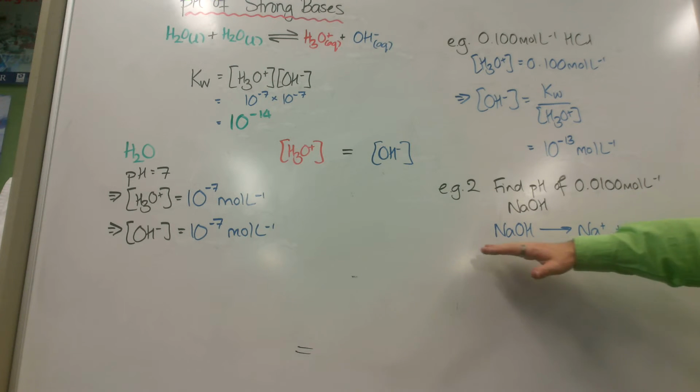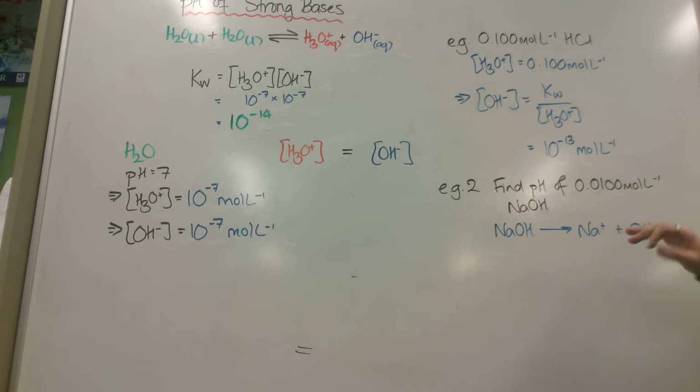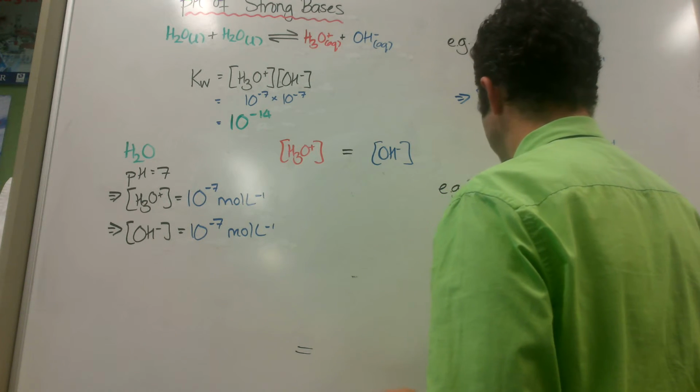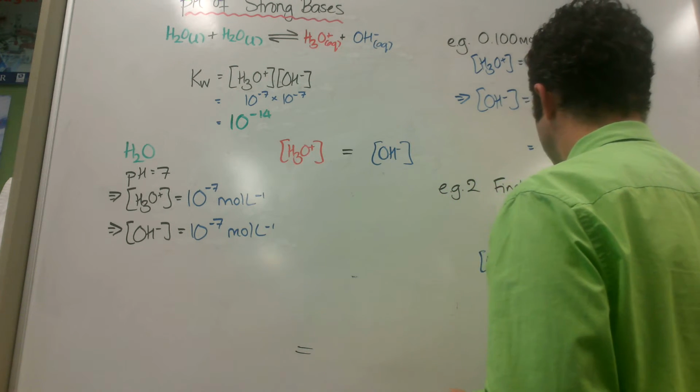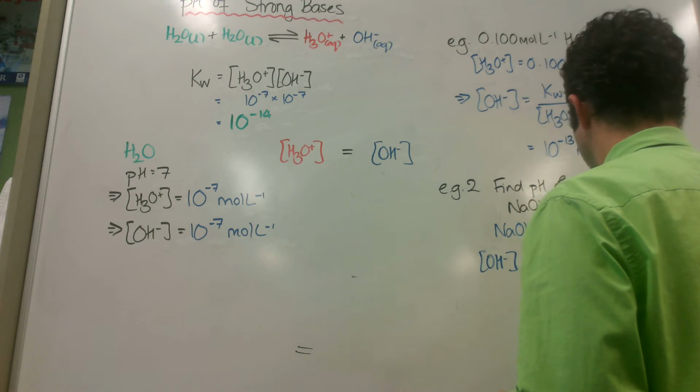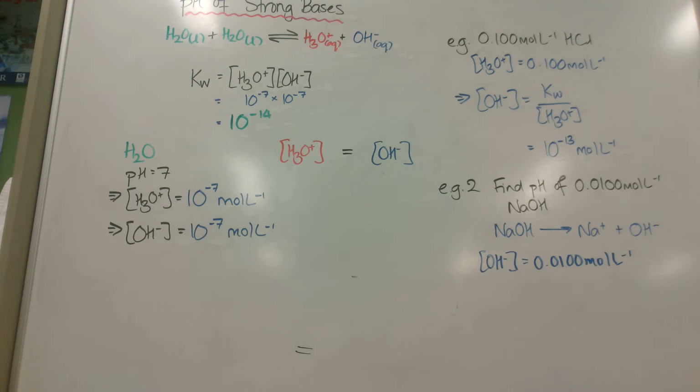So if I know that this is 0.01 moles per litre, so is that and so is that. Which one of these two affects the pH? Not both, no. Only the OHs. Okay, so then I'm going to say, well, I know that my hydroxide ion concentration is equal to this. Okay.